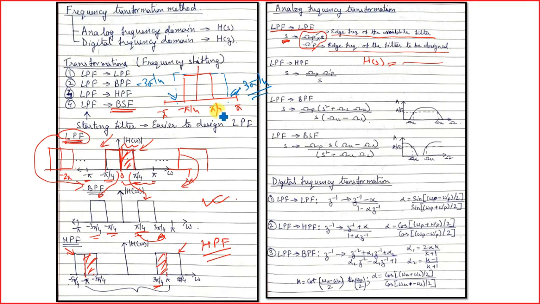You have designed a filter with a cutoff frequency at pi by 4, but now just by applying a simple transformation, you can design another filter with altogether different characteristics.